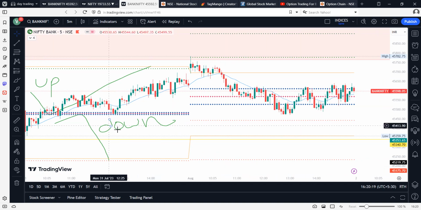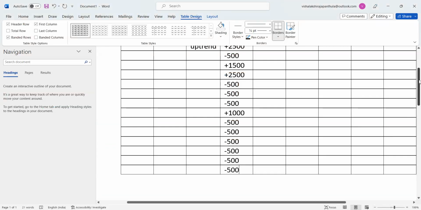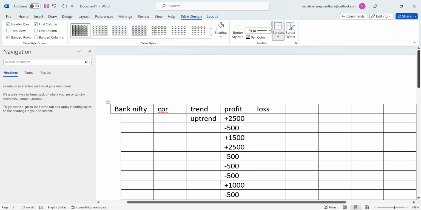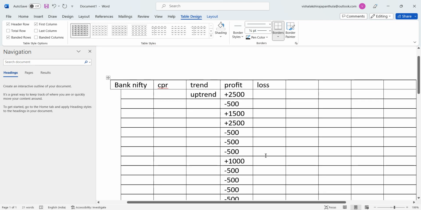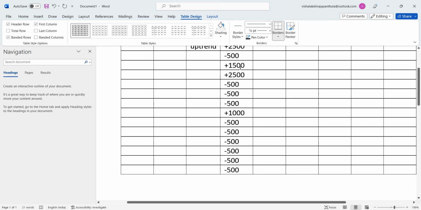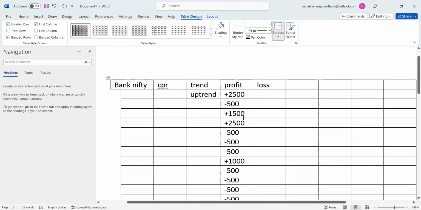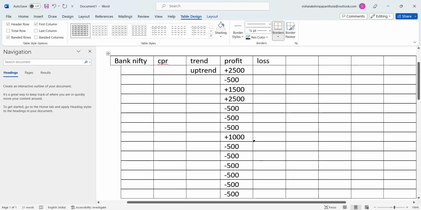Till now, how much have we earned from Banknifty trading a single strategy? Let's see. At first, we are having 2500, 1500, 2500 plus 1000. All are minus trades. Let's see what is the profit for us. 2500, 1500, 4000 plus 2500, which is 6500 plus 1000, 7500.